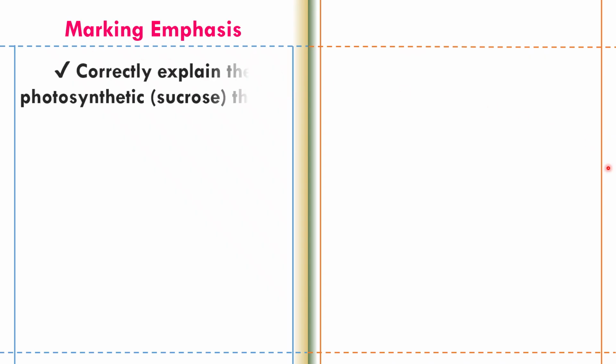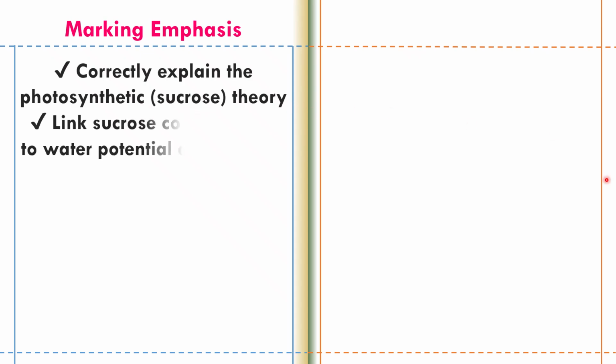Marking emphasis. Collectively explain the photosynthetic sucrose theory. Link sucrose concentration to water potential and osmosis.